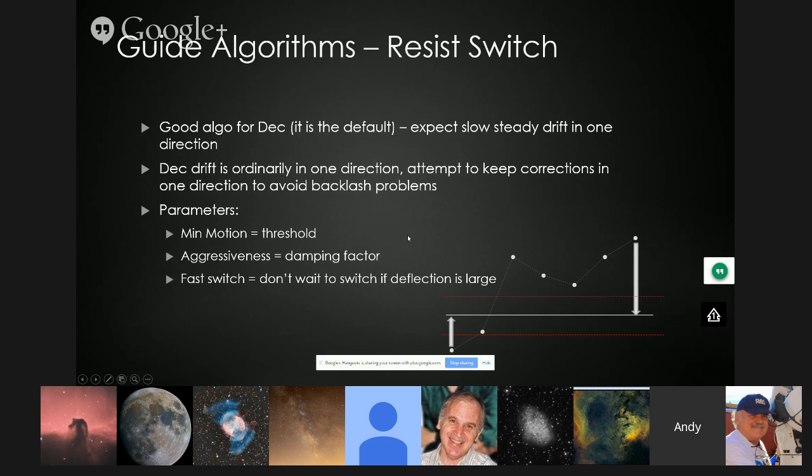On the declination axis, we have the default algorithm known as resist switch, and that's based on the idea that in declination we're trying to compensate for a slow and steady drift, generally due to a small polar alignment error, and we are also dealing with backlash, so it's going to take a lot to reverse the direction of the scope.